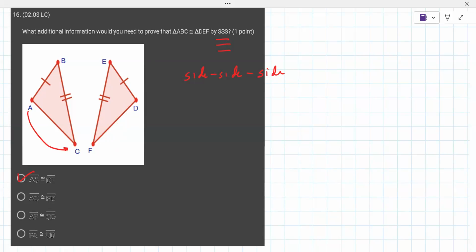You have to do it in the order that it recommends here.